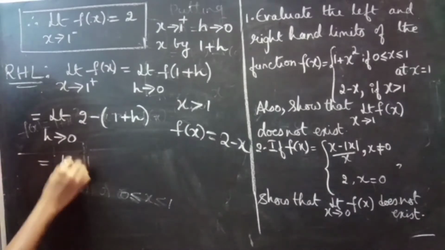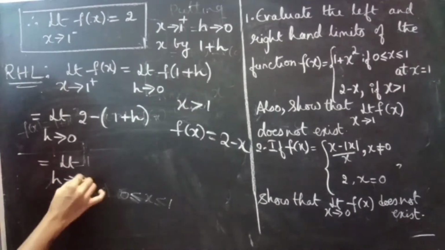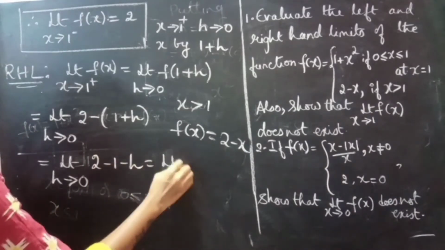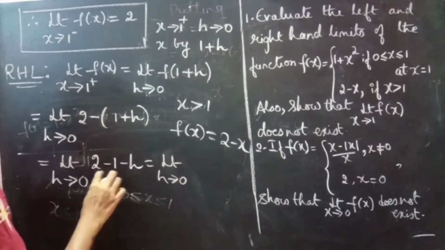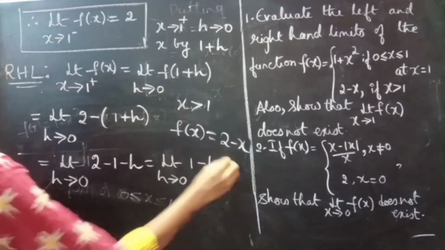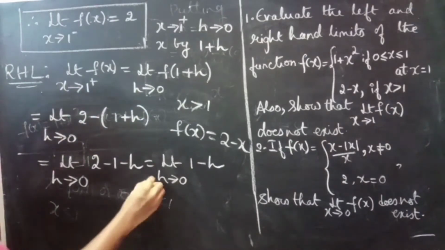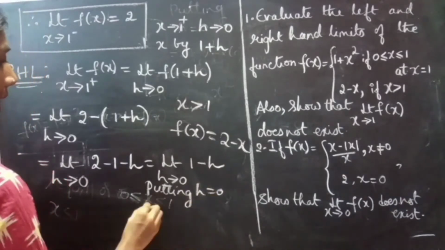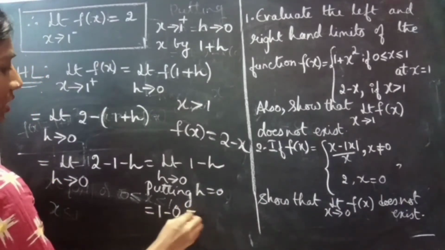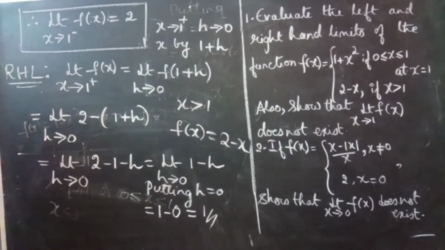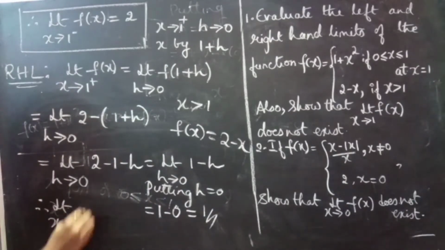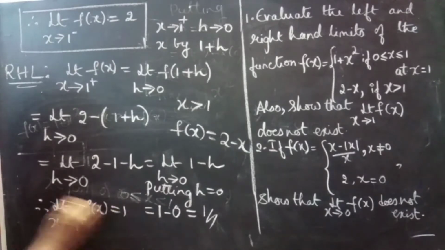So this equals limit h tends to 0, 2 minus 1 minus h, which equals limit h tends to 0, 2 minus 1 is 1 minus h. Now putting h equals 0, you'll get 1 minus 0, which equals 1. Therefore, limit x tends to 1 plus f of x equals 1.